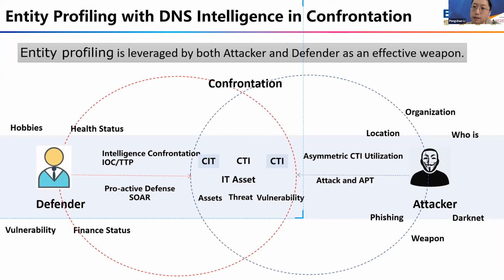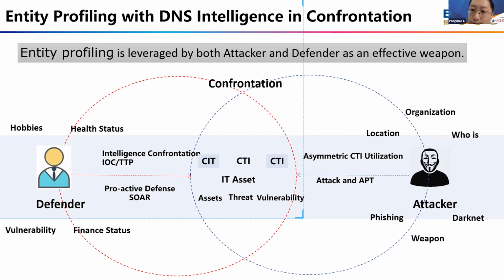So if your SIEM or SOAR warning logs, and then sniffing some clue about the attack, integrated with CTI, like which organization the attacker may belong to, is that a phishing URL, or is that from a location where a suspected APT appears? And then you are gonna say, bingo, that's awesome, I made it. A profile of the attackers is done.